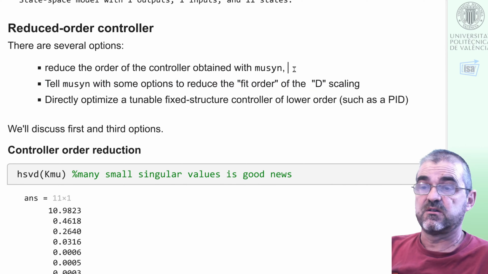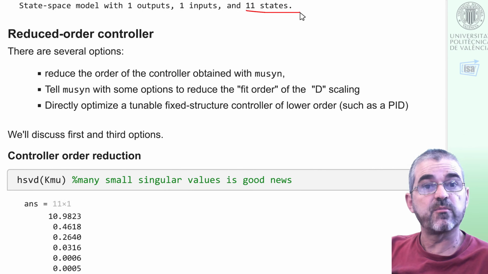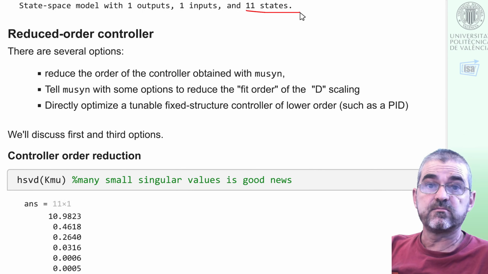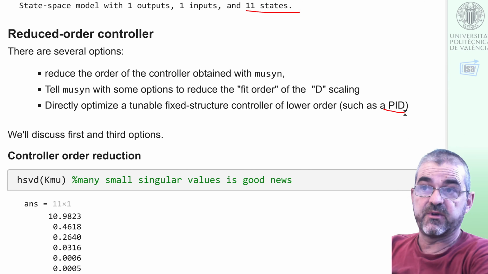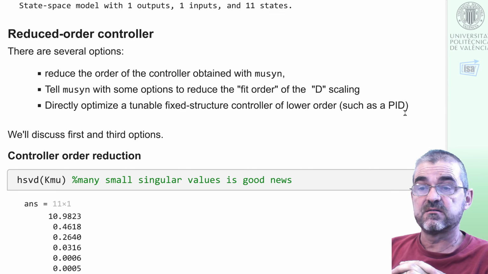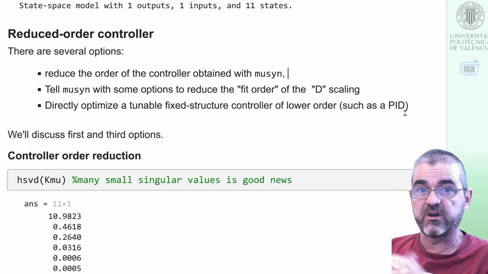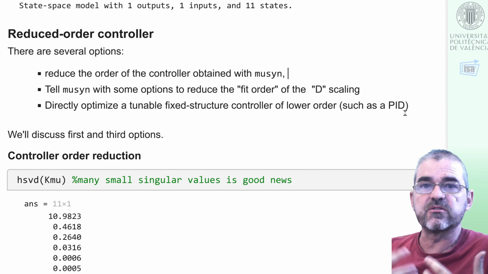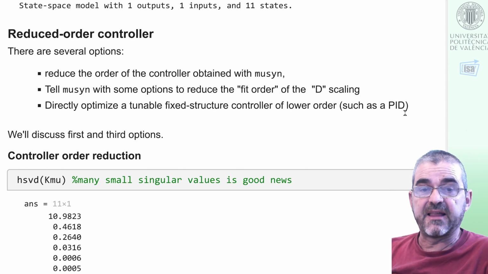First is using standard order reduction techniques to get down from 11 to something more sensible. Or we can use musyn to tune a fixed structure controller such as a PID. We will do it and compare. And perhaps unsurprisingly, we will realize that a PID is a very good option for this second order process, because we know from intuition and our undergraduate courses that second order plants are very well controlled with PID regulators.